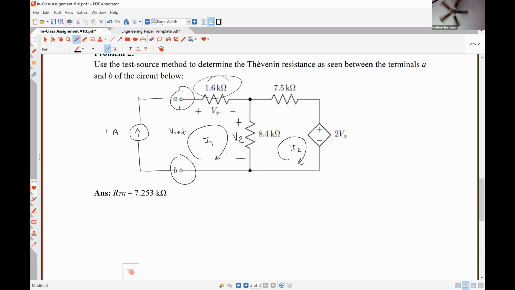But typically speaking, when I look at a problem like this, where I'm applying a test source method, I usually see if I can effectively figure out what the controlling variable is, so Vx, Ix, or whatever. I choose a test source that will let me effectively define that controlling variable, just to, in my opinion, make the math a little easier. But you don't have to do that. We just did this problem without it, and it was pretty straightforward.